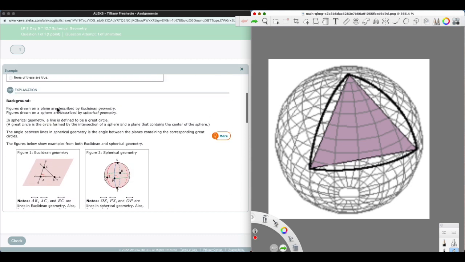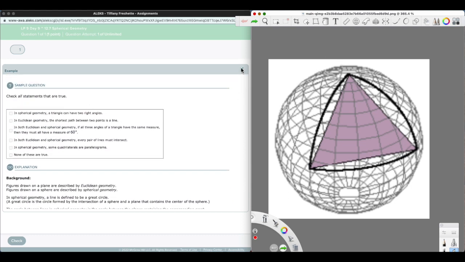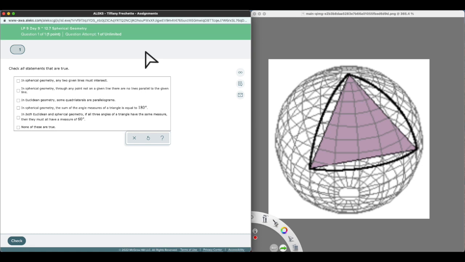All right, so let's go ahead and see if we can work through the statements that it gives us. So in spherical geometry, any two given lines must intersect. So we're just looking at that on the example there, we can definitely see that those lines that I was kind of trying to picture as longitude and latitude would definitely come together, and we can kind of picture that on this guy here. So we have all of these lines, and they would intersect here at the top.